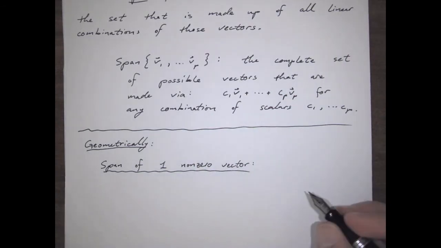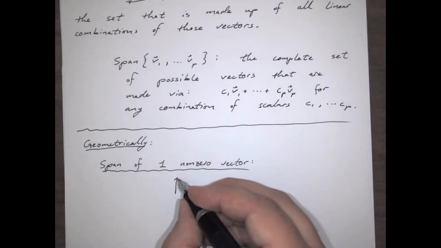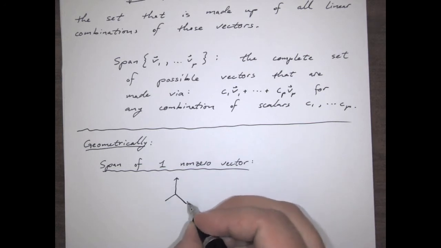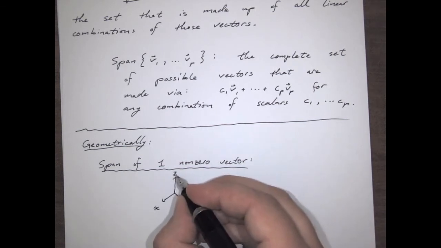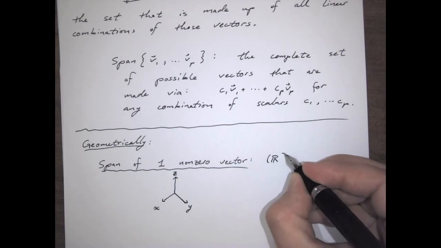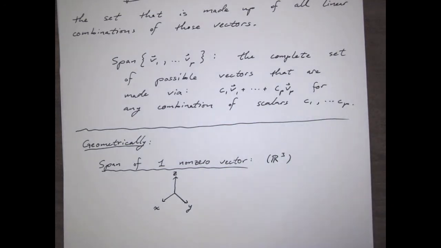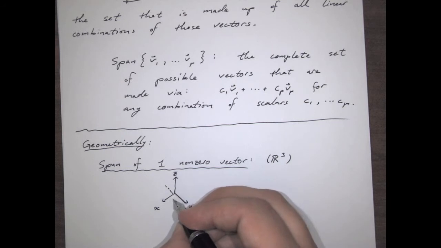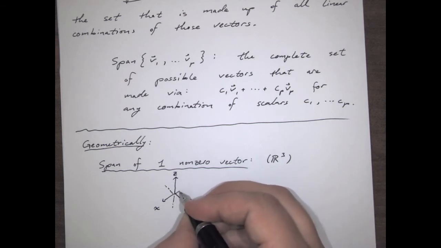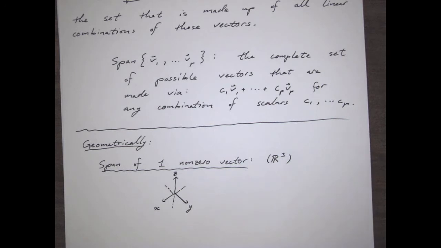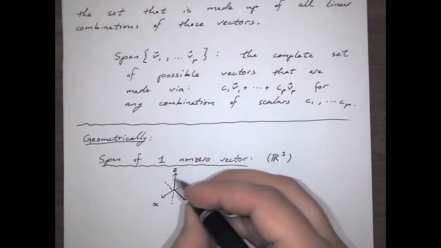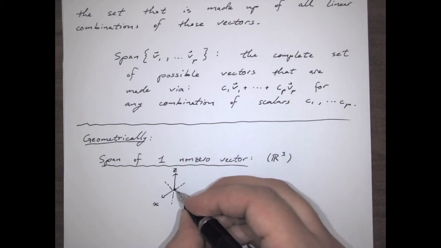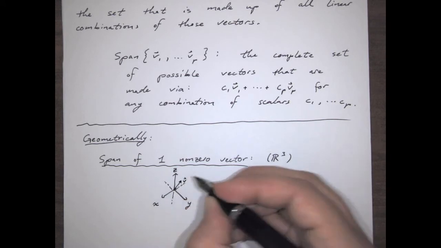Just for the sake of being clear, let's pretend we're talking about R3, because R2 and R3 are the easiest ones to imagine. So we're talking about a 3-dimensional space, x, y, z, each pointing in a different direction, something like the very room you are in, where you give 3 coordinates for every point. And then let's say that we have one random vector pointing off some direction, let's call it v.